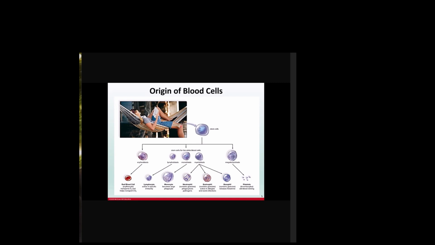And it has cells that we refer to as stem cells. These stem cells are unique in the sense that they can be stimulated to grow to become different cell types. That idea of being able to be stimulated to become different cell types, we call it the capability of differentiating.